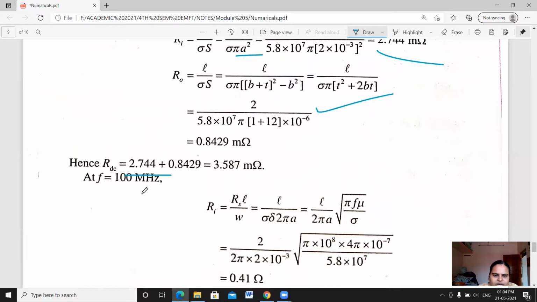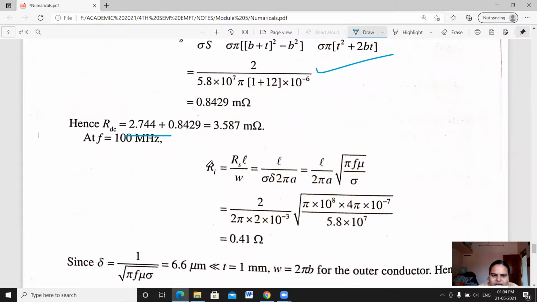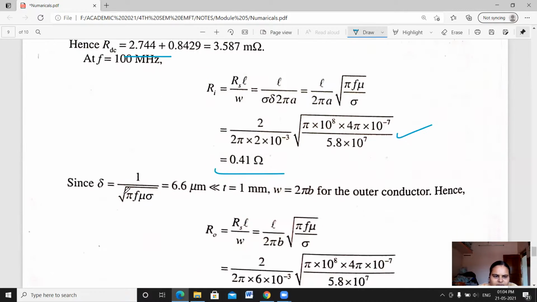Then at a frequency of 100 megahertz, our R_i is going to be R_s times L divided by width, that is L divided by sigma delta 2 pi A, that is nothing but L divided by 2 pi A times the square root of pi f mu divided by sigma. Substituting the values here, R_i is going to be 0.41 ohm.